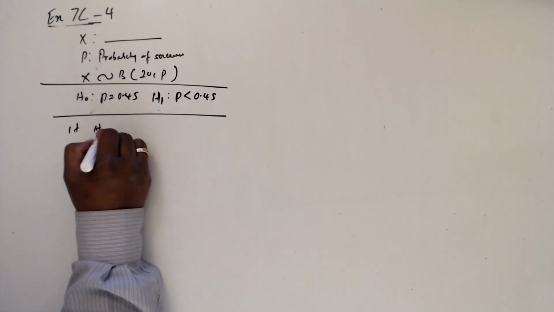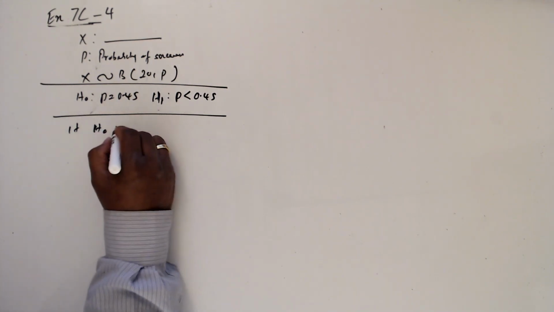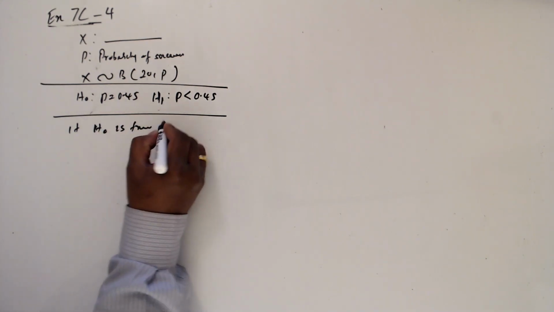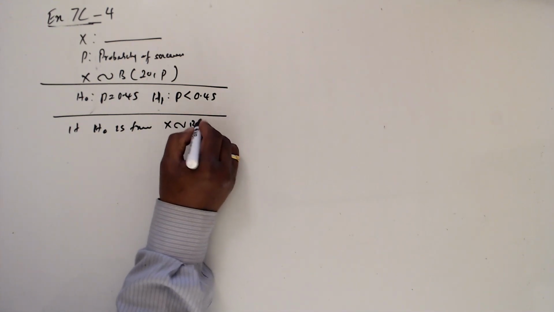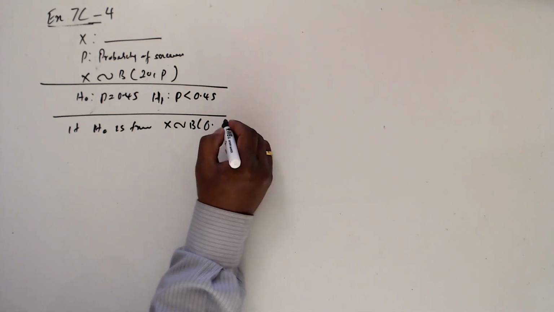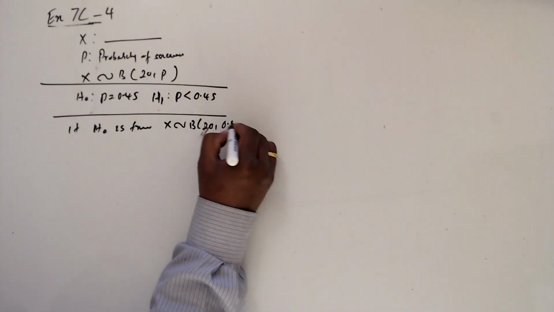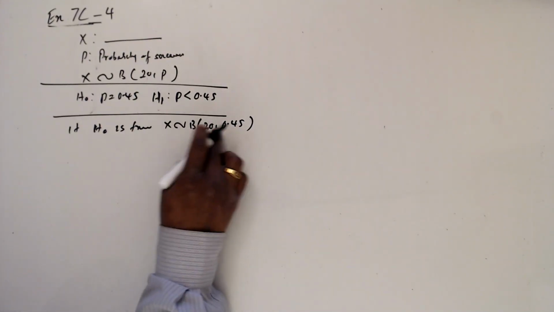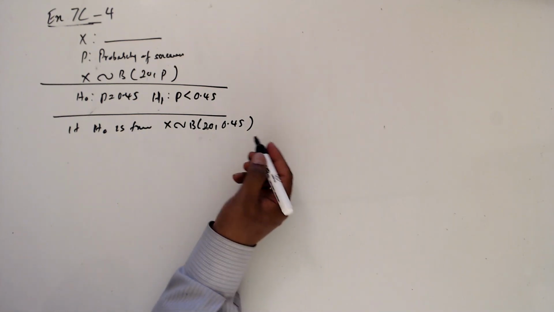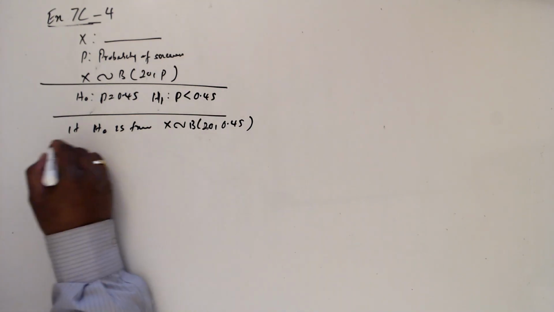If H naught is true, X should follow binomial 20, 0.45, and this is a lower tail test.